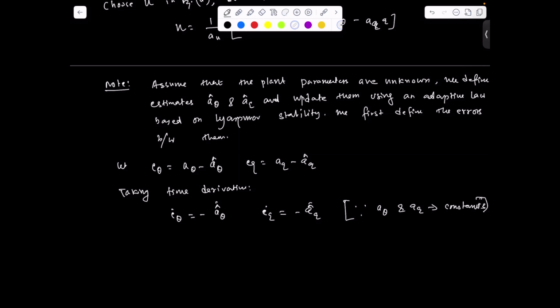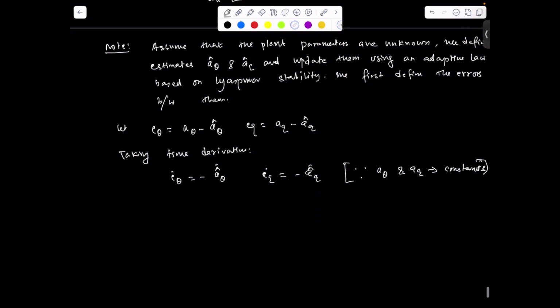Based on this, we have this minus sign. So these are basically parameter estimation errors, which are E theta and EQ.